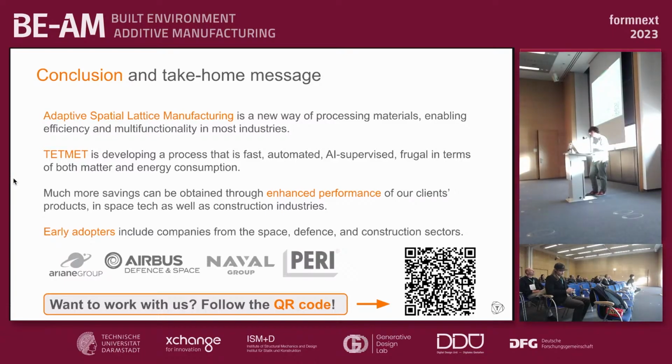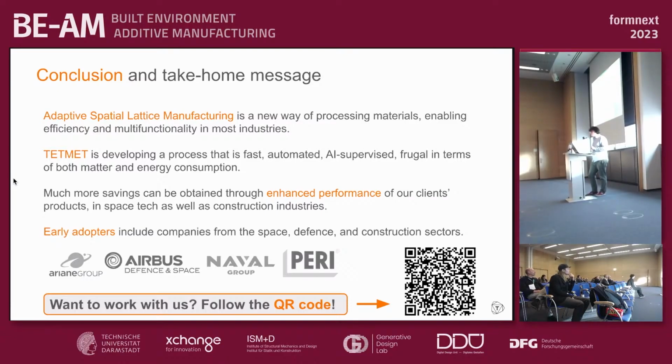So Tetmet has been developing this process. It's patented, by the way. Hopefully it's going to be fast, fully automated, and it is frugal in terms of matter and energy. We are also working on a proper life cycle analysis, but our claims are quite well founded, I think.